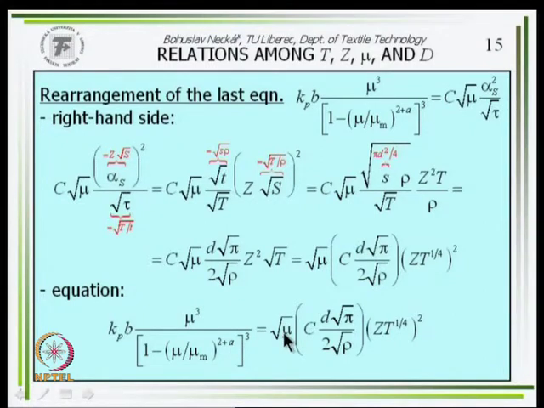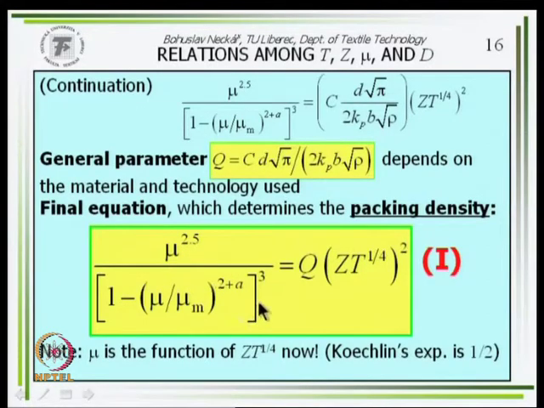Square root is also on the right-hand side, therefore from mu to the power 3 it is now mu to the power 2.5, equal to Q, some characteristic parameter of the material, times z times t to the power 1 by 4, a quarter. In Kechlin's model, on the left-hand side is packing density only as a variable. On the right-hand side is the count to the power of a quarter, in opposition to Kechlin's expression, in which is square root, 1/2.